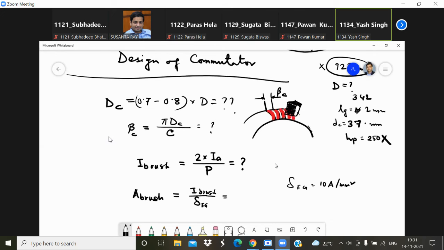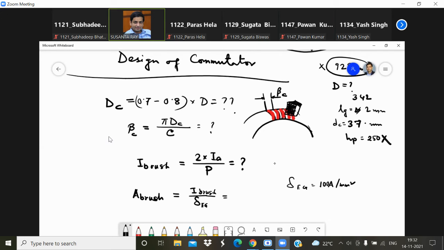Sir, for a 30 kilowatt machine, my beta C is coming out as 5.44 mm. And sir, my area of brush is coming out as 2.6 millimeters square. Okay, so I think this is not 10, this is 100.